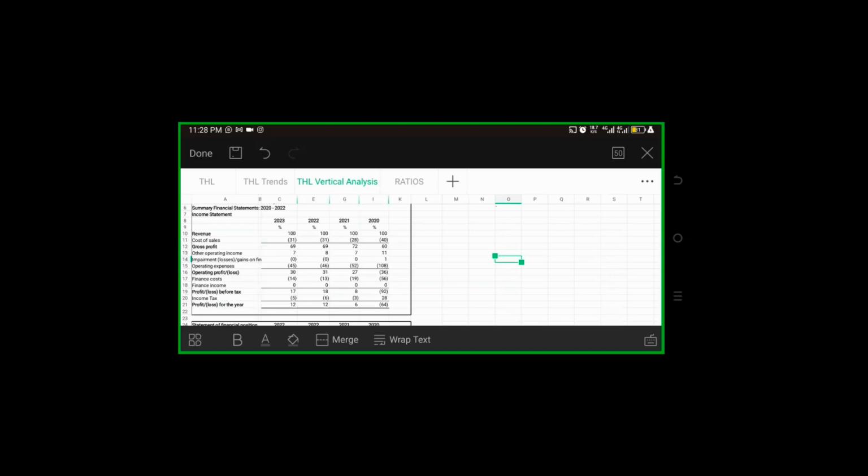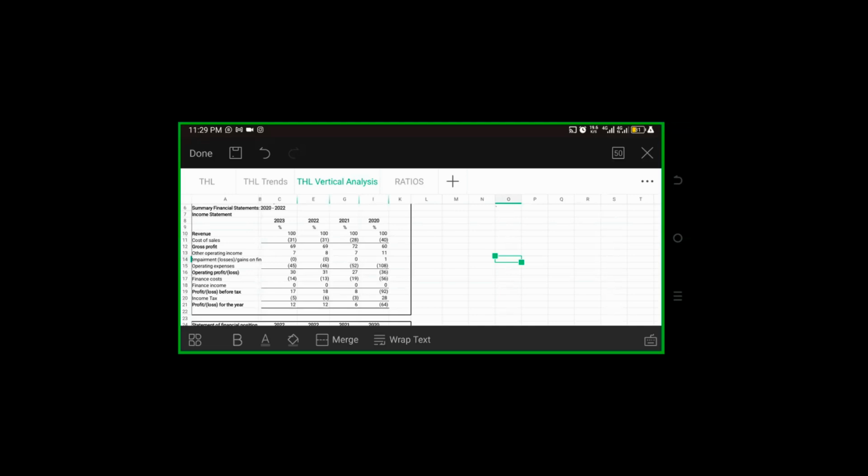So it means they must have been spending from their reserves, right? Okay, so that was why they made the loss in 2020, because they spent so much on operating expenses.